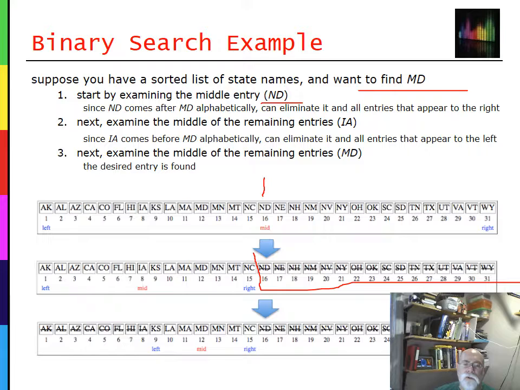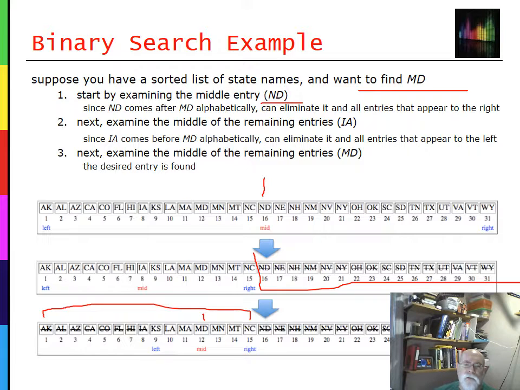We don't have to look there anymore. So next it will examine the middle of the new cases, which are here to here. And what it will do is find the middle of that.